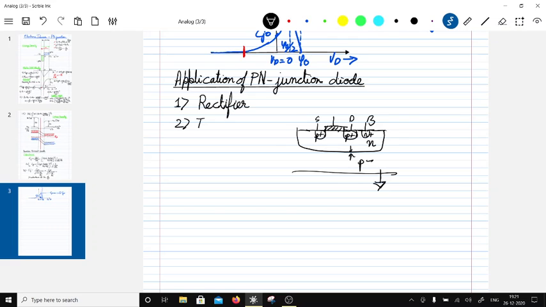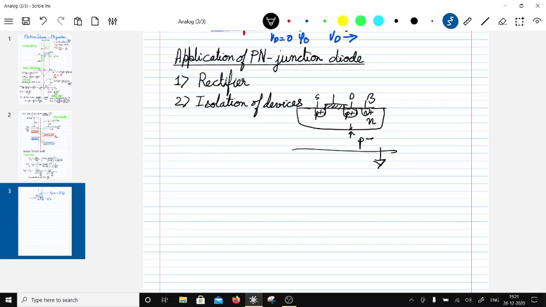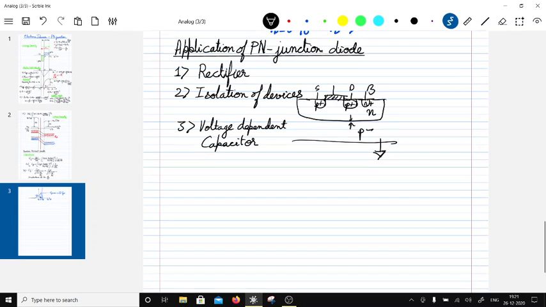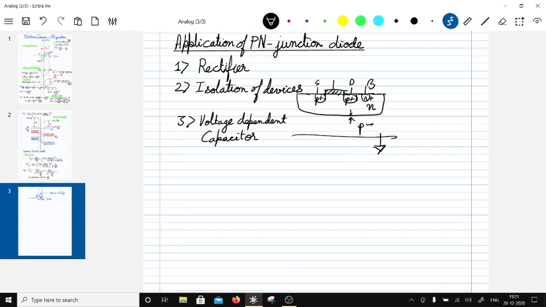So this is used for isolation of devices. Next, it is used as a voltage dependent capacitor, which is used in your VCOs and so on.